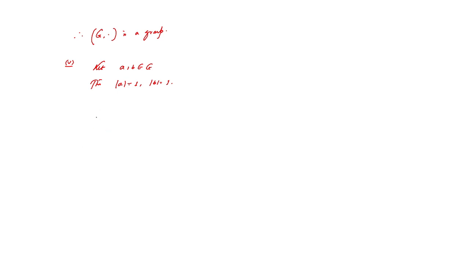Okay. So now in the complex numbers, for any two complex numbers A, B, A multiplication B and B multiplication A holds for all A, B belonging to C. That we know. So therefore we can say A dot B equals B dot A for all A, B belonging to G. Why?